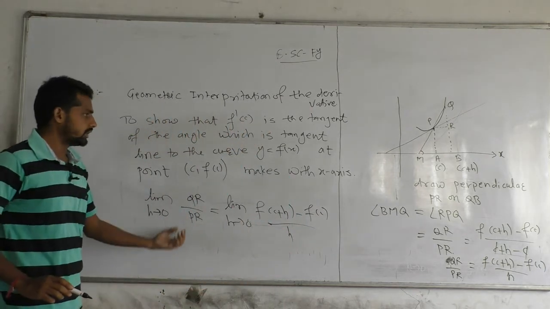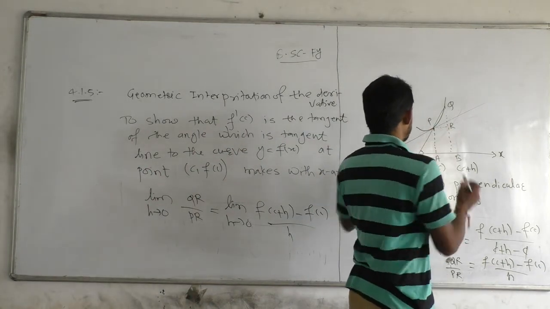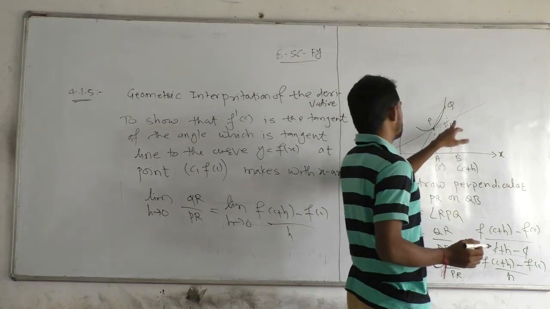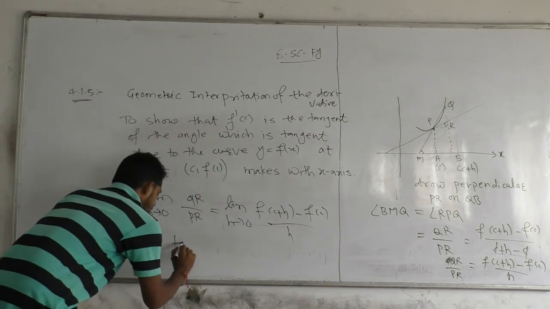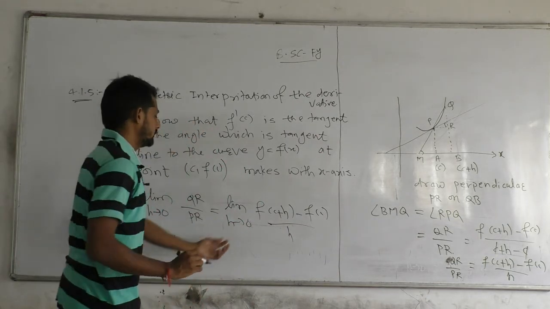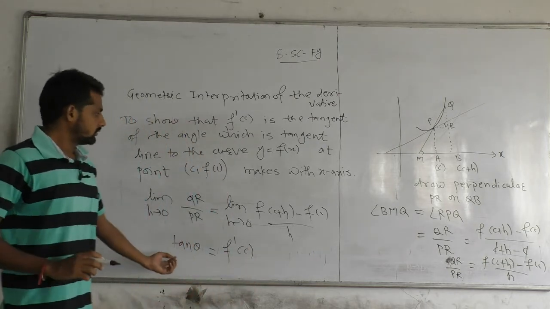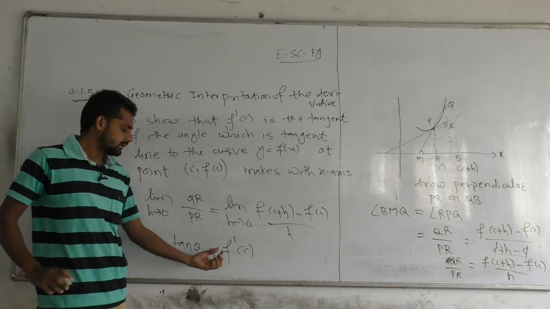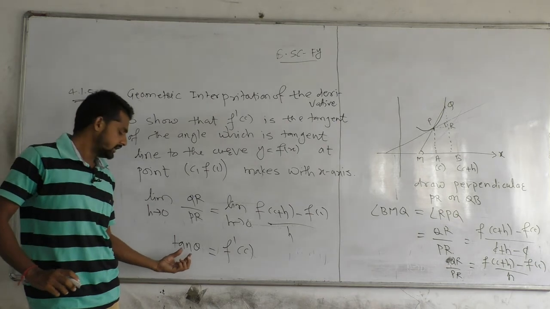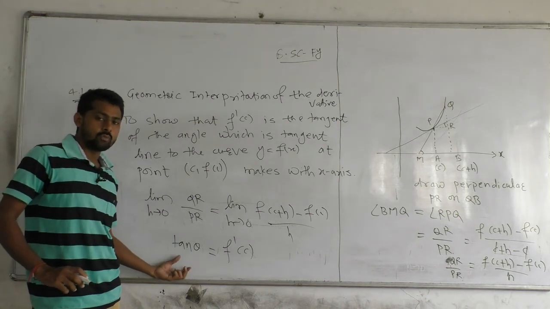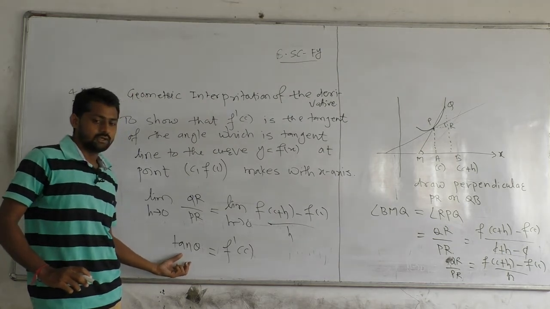So what is QR divided by PR? Since this is perpendicular, QR divided by PR is tan theta, and this is the derivative of a function at point c. Therefore, we can directly say that the derivative of a function at point c is nothing but tan theta, that is the slope of the tangent drawn to the curve at point c with respect to the x-axis.